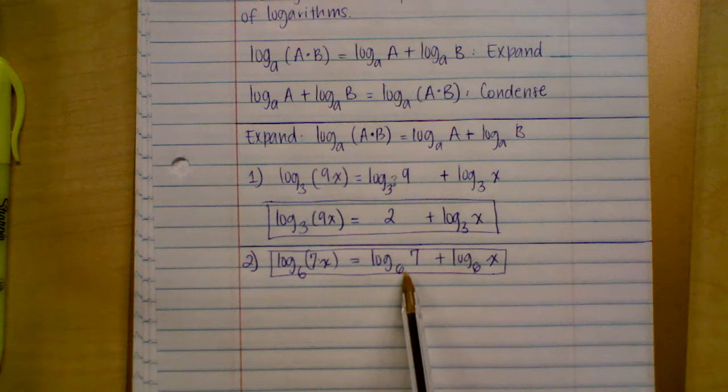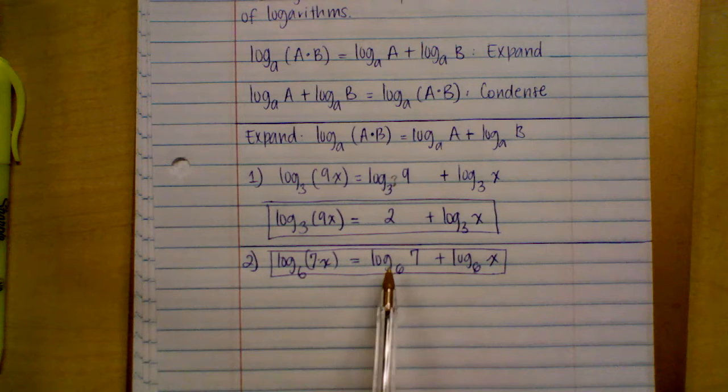You have to apply the change of base formula, because for most calculators, you cannot find the log of another base than 10 or e. I'll show you in another video how to use the change of base formula. For now, you just want to leave it alone. Let's do another example.